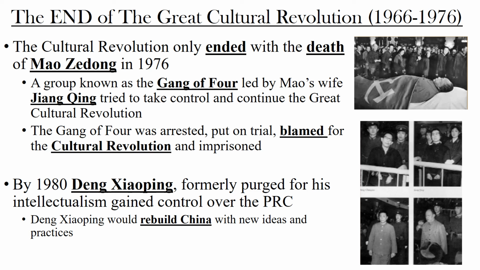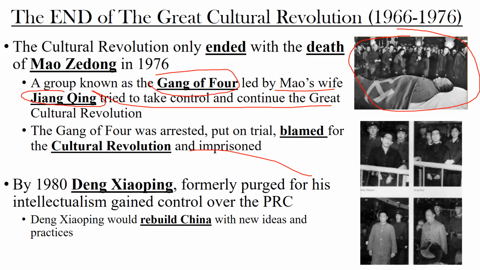And initially, after Mao dies, and they have this massive public funeral, and people are crying, oh my God, what are we going to do without the great leader? A group called the Gang of Four, led by Mao's wife, Jiang Qing, tried to take control, and their goal was to continue the Cultural Revolution. There's his wife there. They're like, let's keep this going.